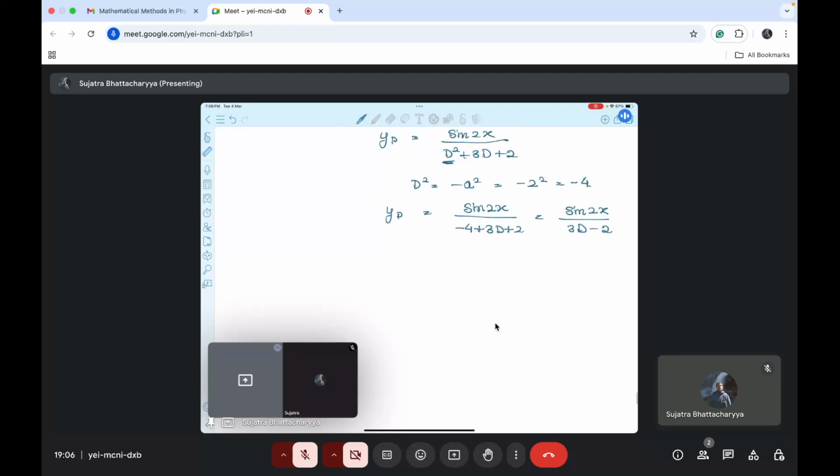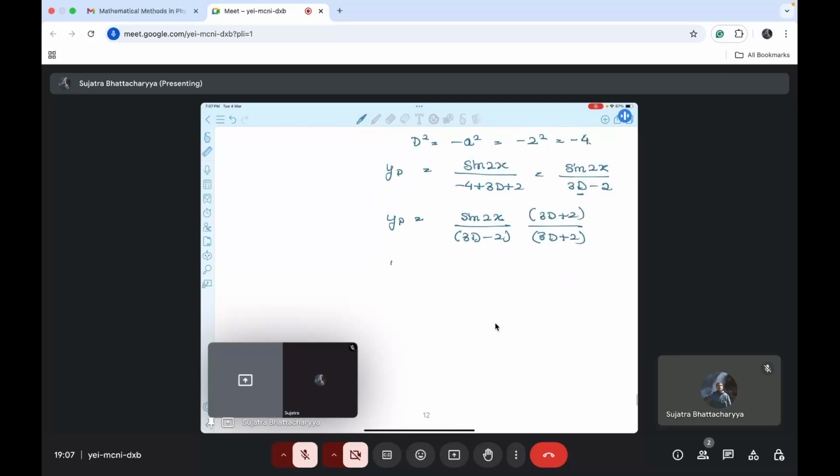Is it fine? Yes. Now, again, since there is a d here, we have to in some way make the denominator in terms of d square, because this rule is particularly for d square, as you have seen. So sine 2x, let us multiply here 3d plus 2 and divide by 3d plus 2 again. And here it is already there, 3d minus 2.